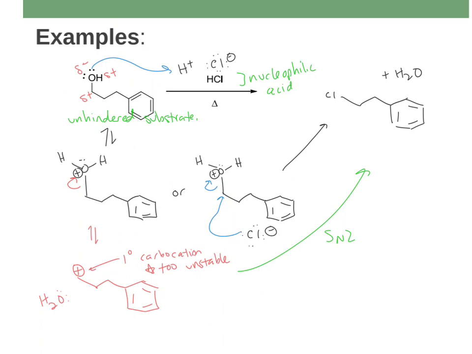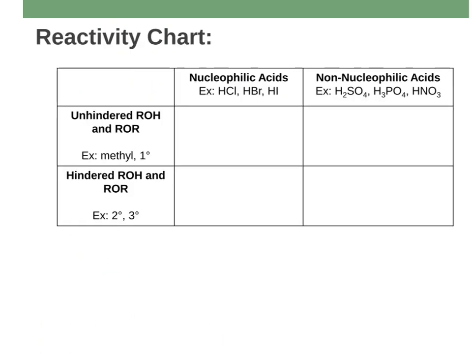So that nucleophile has to attack from the backside to kick it out. And so with this combination of reagents, if I go back to this, right, we said this was SN1-like, but this is going to be SN2-like, right? If you have an unhindered alcohol or ether, I just did an example with a primary one, and a nucleophilic acid, you go more of an SN2 route. Inversion of stereochemistry, all of that same sort of stuff is still true.